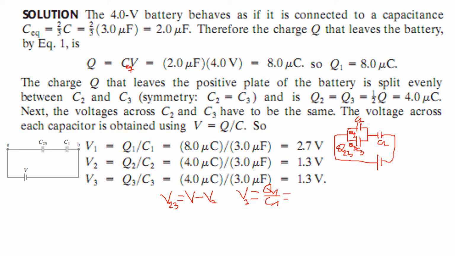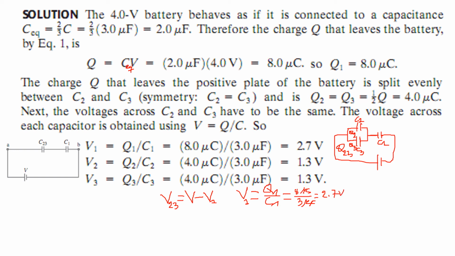The charge stored in capacitor 1 is equal to 8 microcoulomb and the capacitance C1 is equal to 3 microfarad. Then this will give you approximately 2.7 volts.